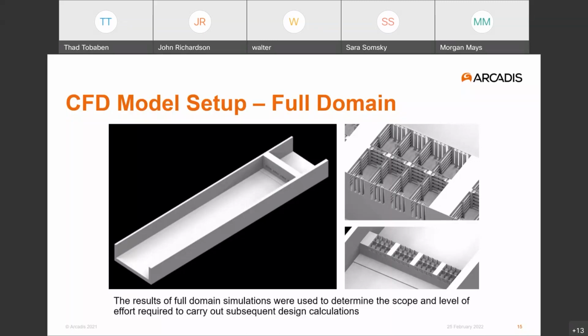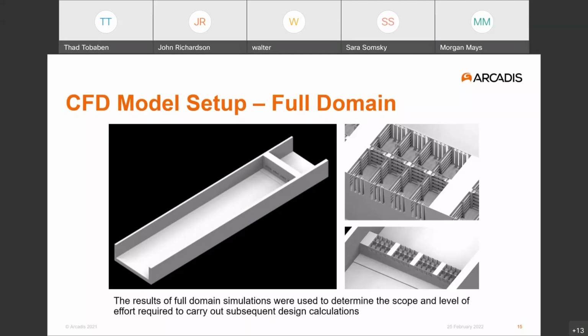So initially, there were simulations carried out on what is referred to here as the full domain. So the simulations included the lock, as we see in the figure on the left. They included one of the doorways, and then within the doorways, the model setup included all the detail associated with the 16 tubes that would carry flow through the doors.